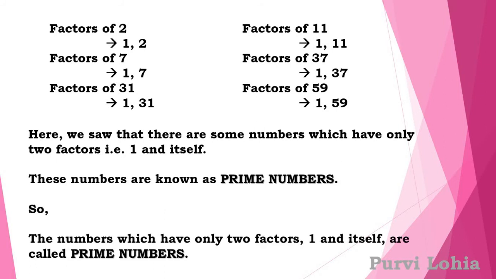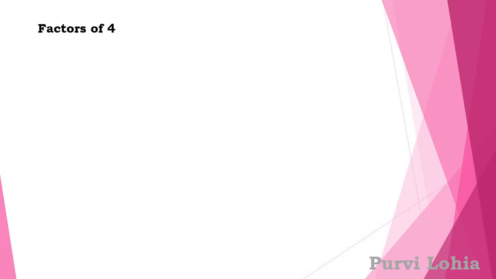So, the numbers which have only two factors, 1 and itself, are called prime numbers. Okay? Now, factors of 4 are 1, 2 and 4. Factors of 9, 1, 3 and 9.